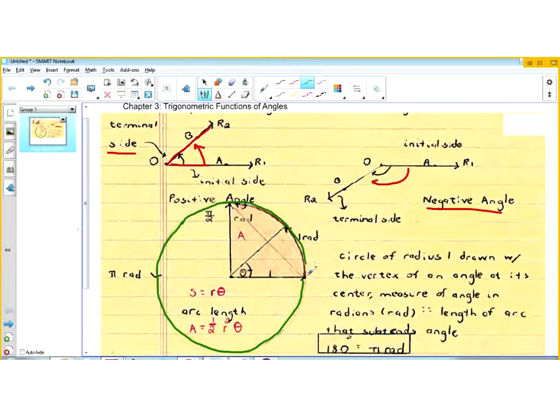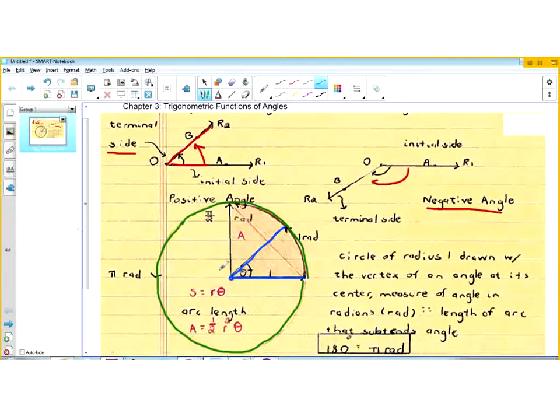Okay, and so I'll call it a unit circle in the XY plane centered at the origin. And so we have the vertex. This point right here is called the vertex of this particular angle. The confluence of these two rays that form an angle is called a vertex.